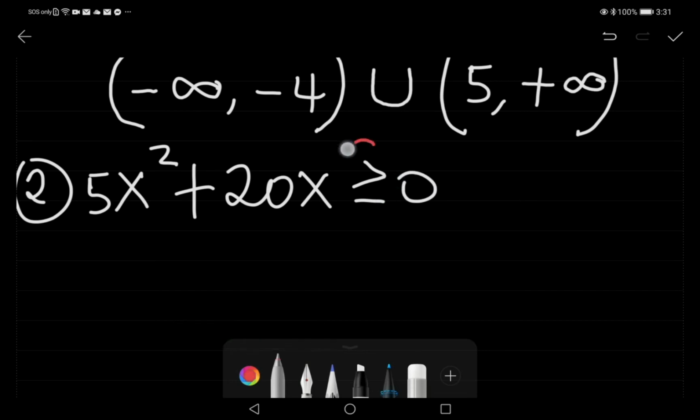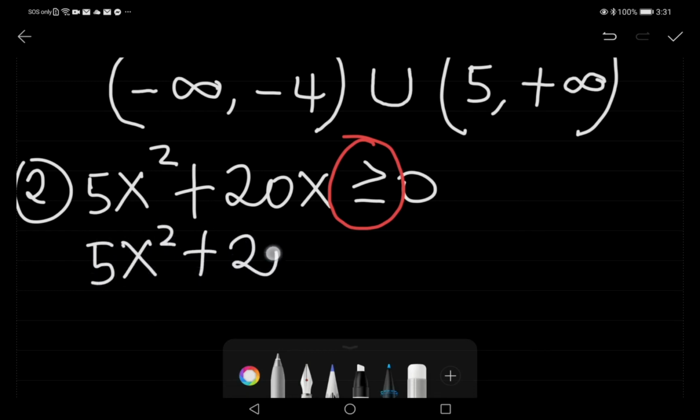So kani siyang sign, ato na siyang ilisan og equal sign. So this will become 5x squared plus 20x equals 0.